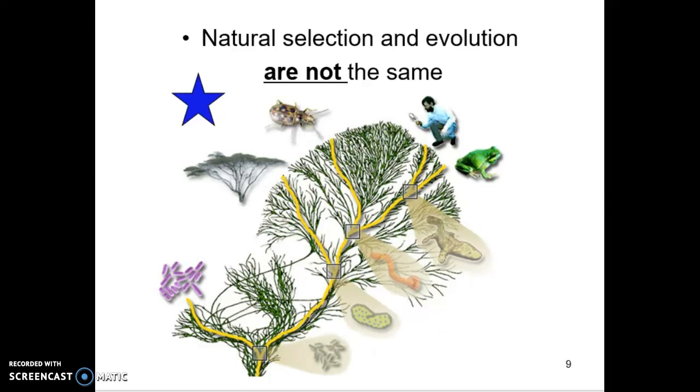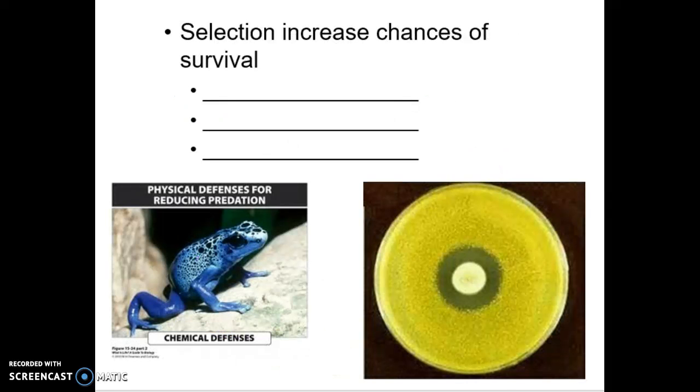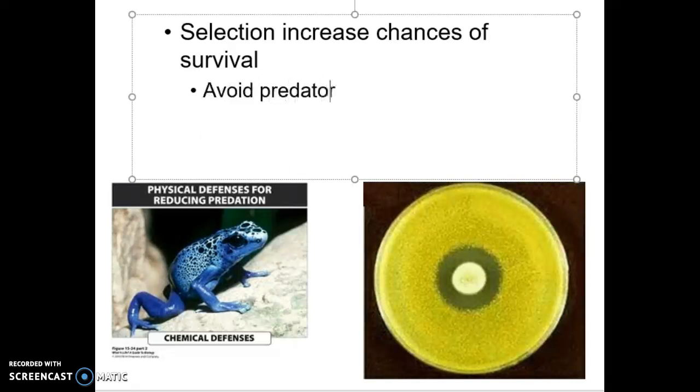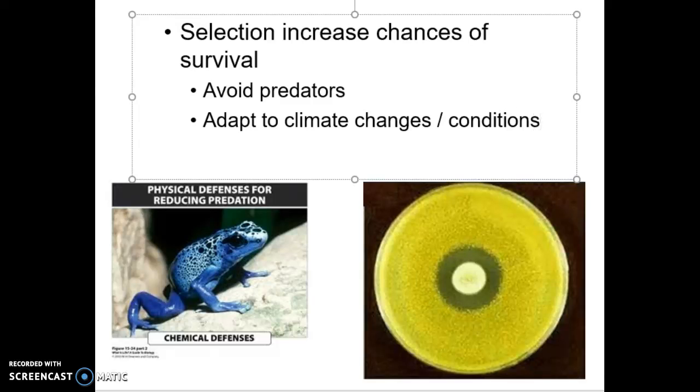All right, so now when we look at selection, selection increases the chances of survival. It might help you avoid predators. So now you survive better because you can dodge the predators. It can help you adapt to climate changes or conditions.